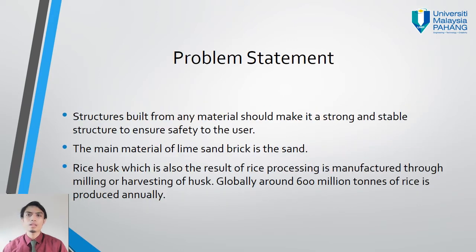Problem statement. A structure built from any material should be strong and stable, and the main material in this brick is sand. The addition of rice husk in this brick might affect the strength.